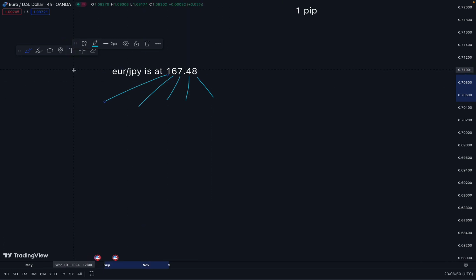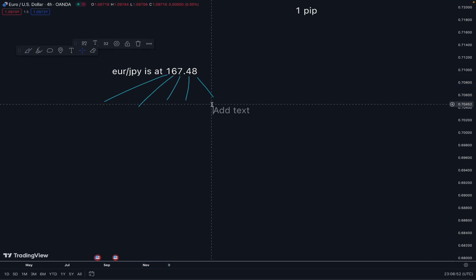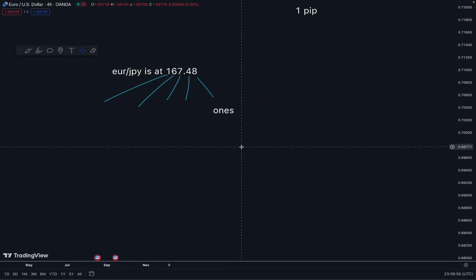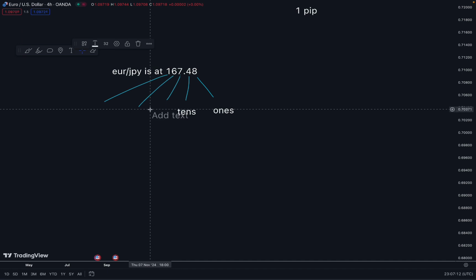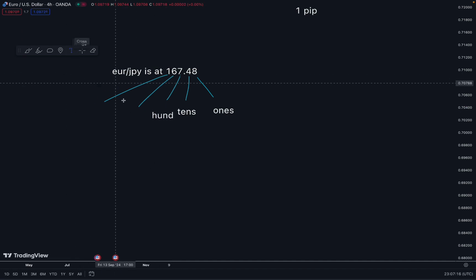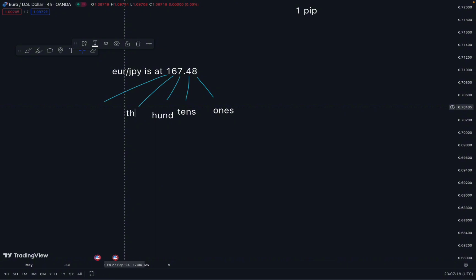Any change in this last number is going to be a small change. Here is the tens, here the hundreds, here the thousands.